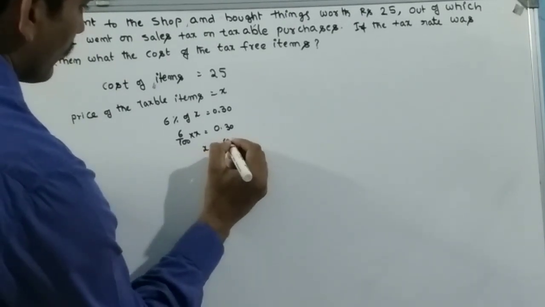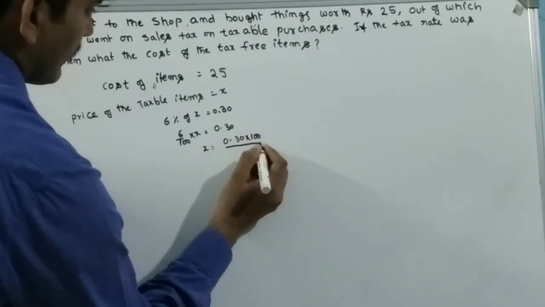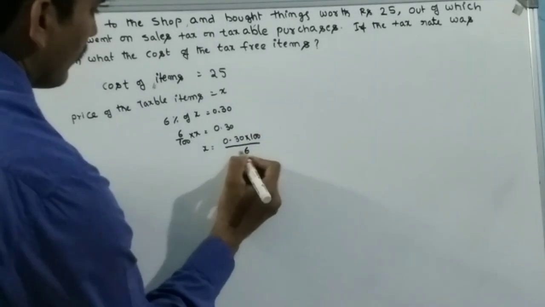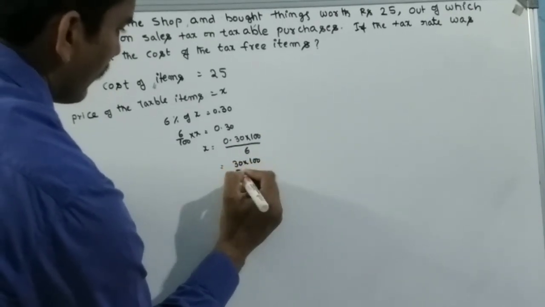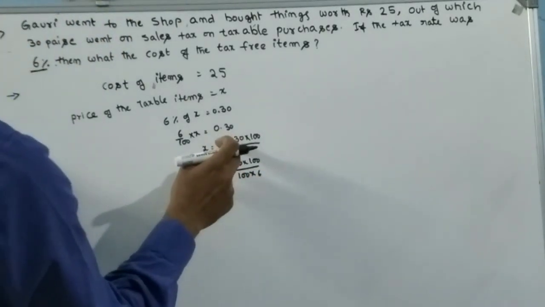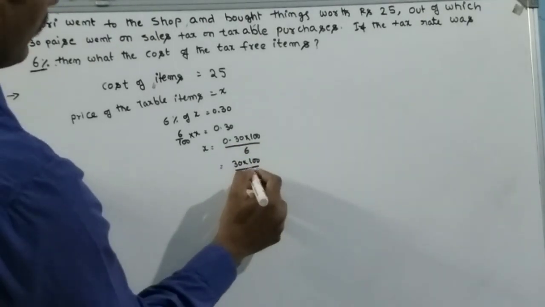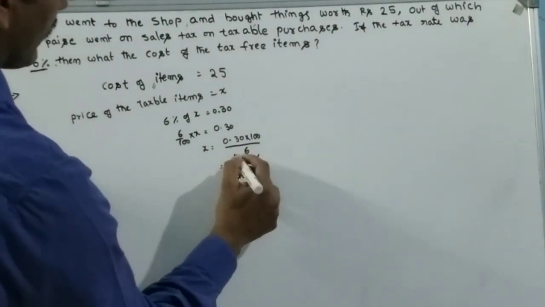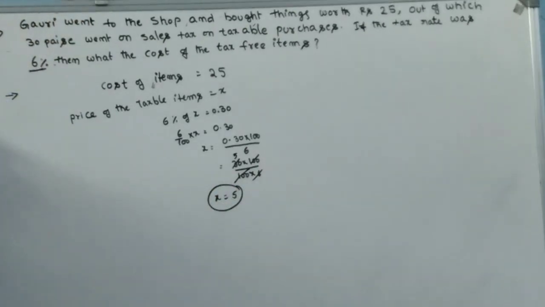Then X equals 0.3 into 100 by 6. We can write this as 30 into 100 by 100 into 6. Then X equals 5. See friends, the cost of the taxable items is 5.